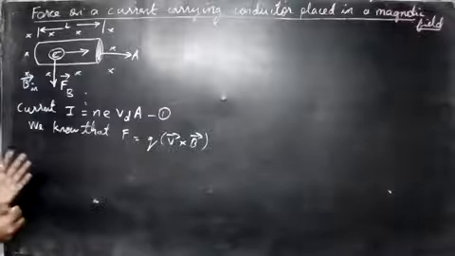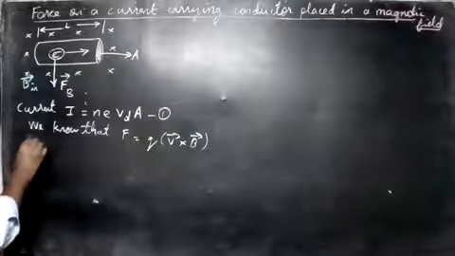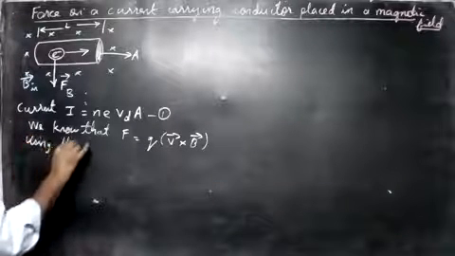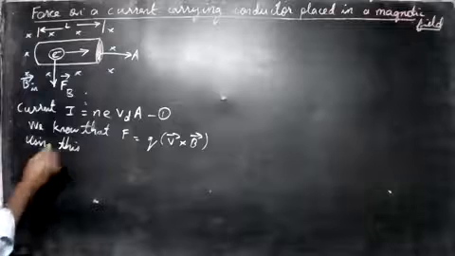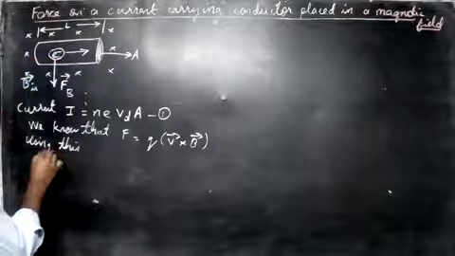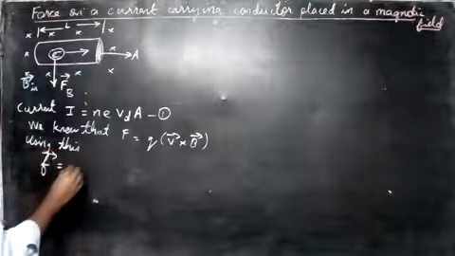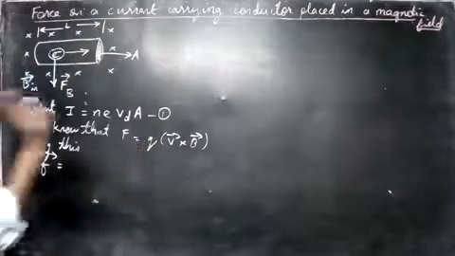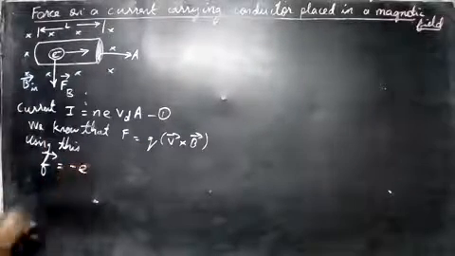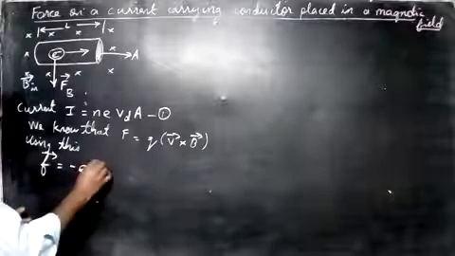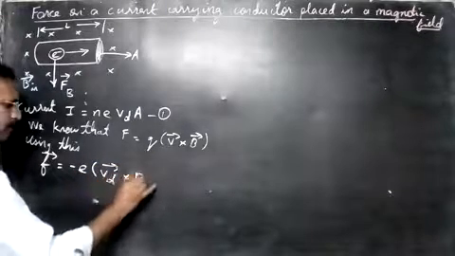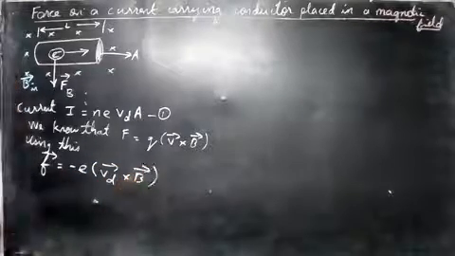We will take a small element only, and see the force for one electron. Small f is equal to Q, the charge of electron, which is minus e, into Vd vector cross B vector. We got this step now.